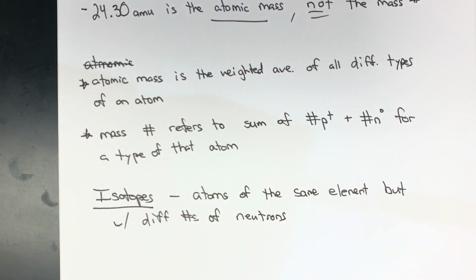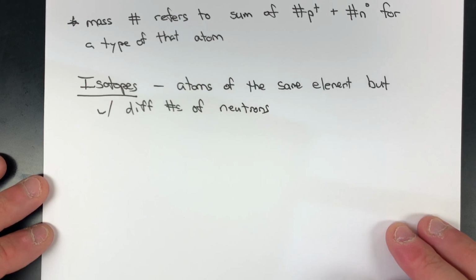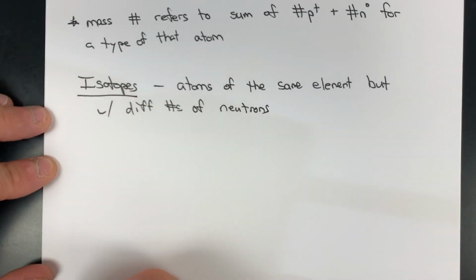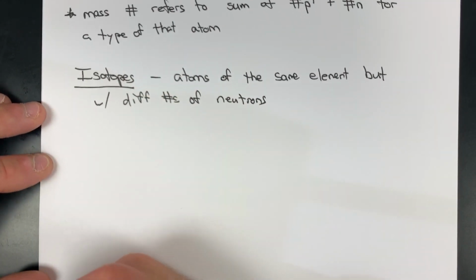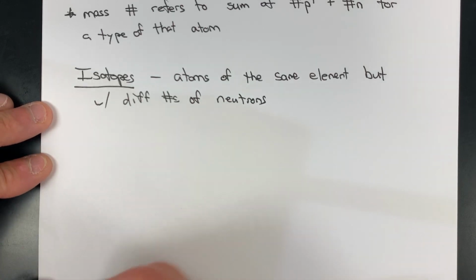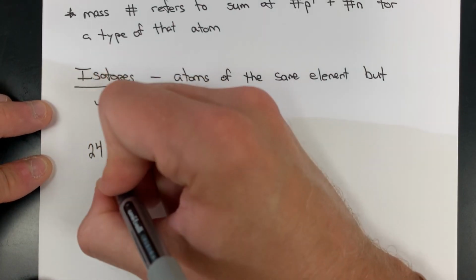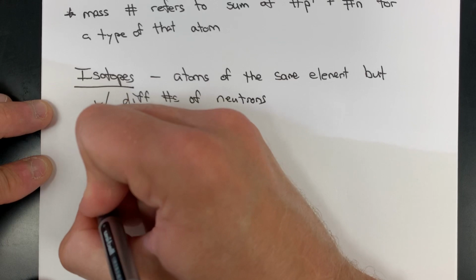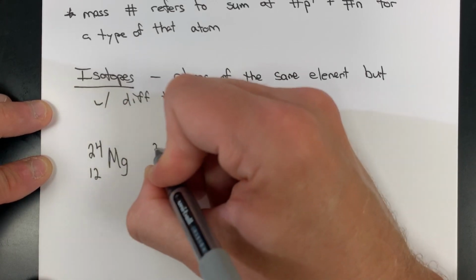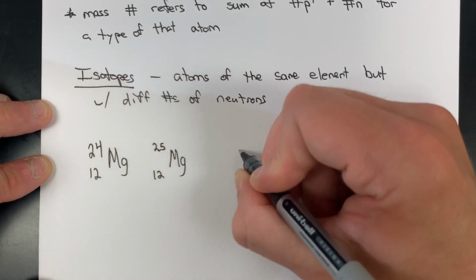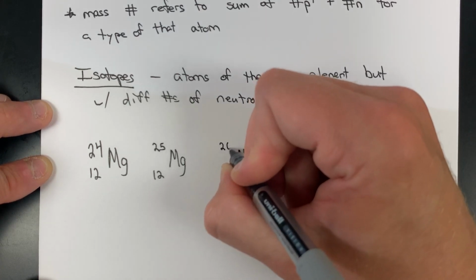So, an investigation of magnesium, right? Let's say we have 3 different kind of dominant types of magnesium that exist in nature. Let's say we have magnesium 24. Let's say we have magnesium 25. And let's say we have magnesium 26.